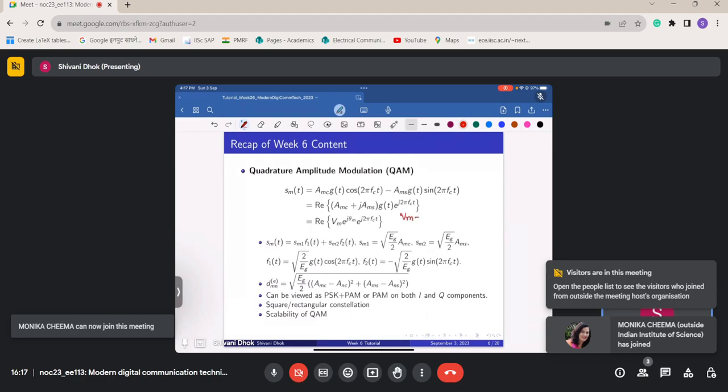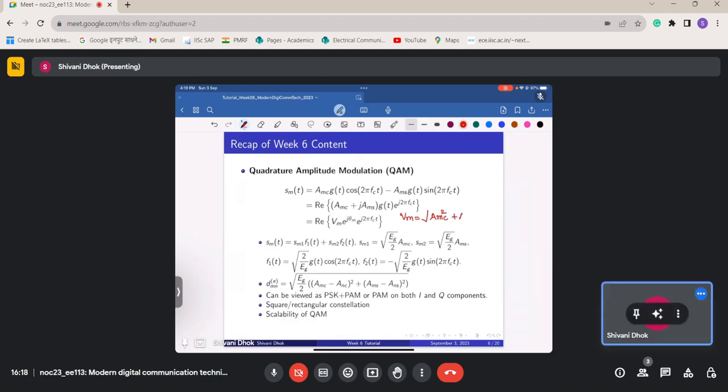This Vm is under root of AMC square plus AMS square, and this theta m is tan inverse of AMS upon AMC. I hope this is clear. And then we had looked at how we can represent it in terms of bases.